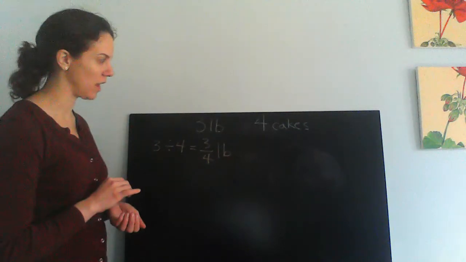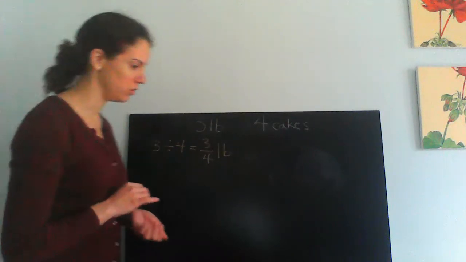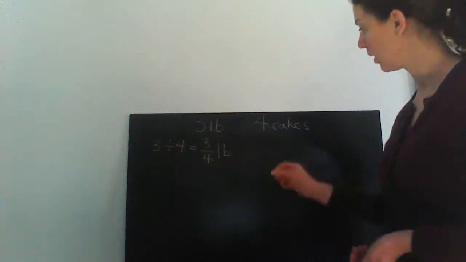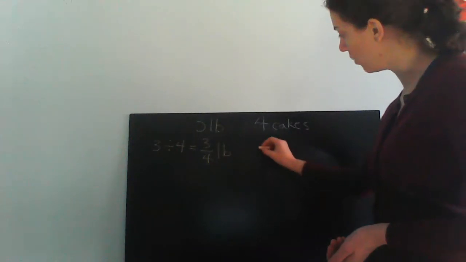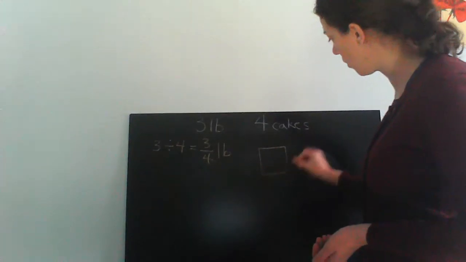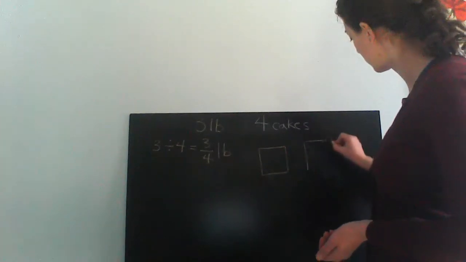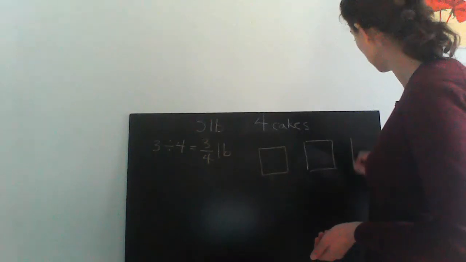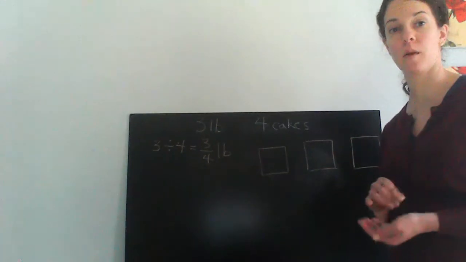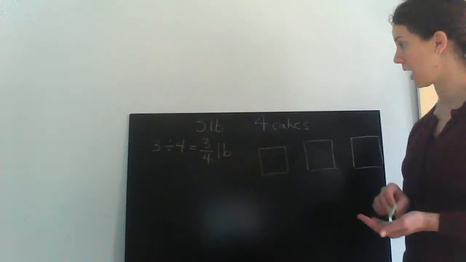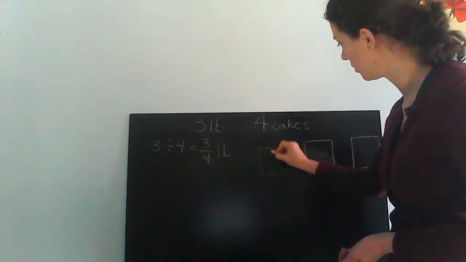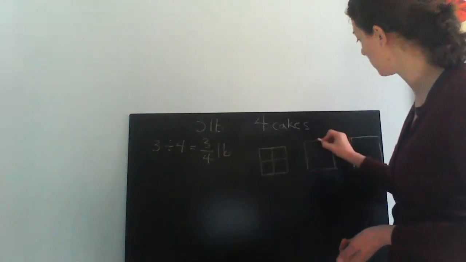We can also visualize this using circles, or any sort of fraction model. Let's say we use a square to represent 1 whole. So those are your 3 pounds of flour. If we want to divide this 4 ways, we can divide each whole into fourths.